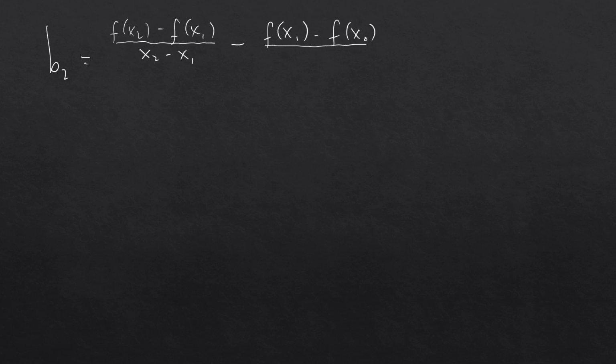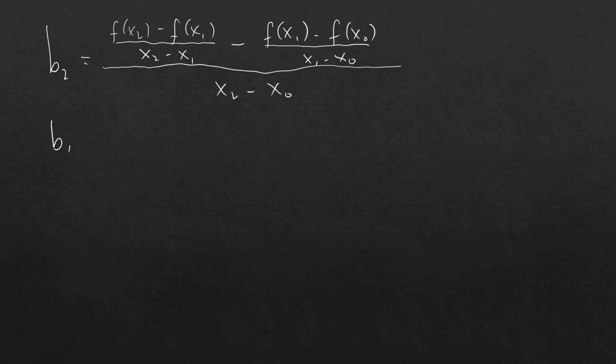We now write our b sub 2 equal to f of x2 minus f of x1 all over x2 minus x1, minus f of x sub 1 minus f of x sub 0 all over x1 minus x0, everything all over x2 minus x sub 0.